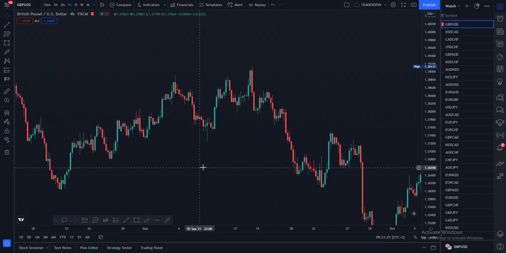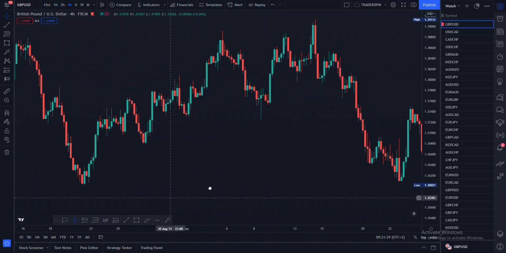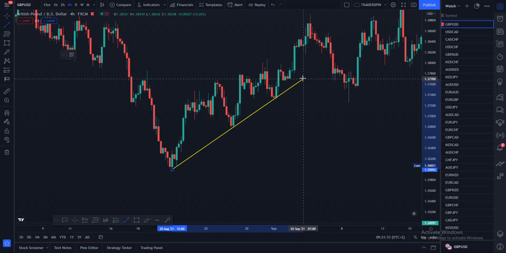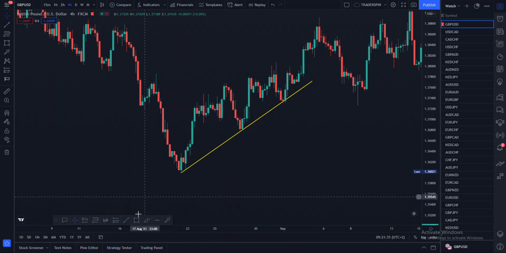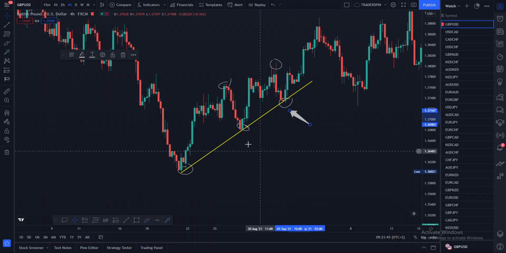So I remember I took this trade here. You can see that we have that low, beautiful market structure, high there, and then we've got this low, and this is where I entered.